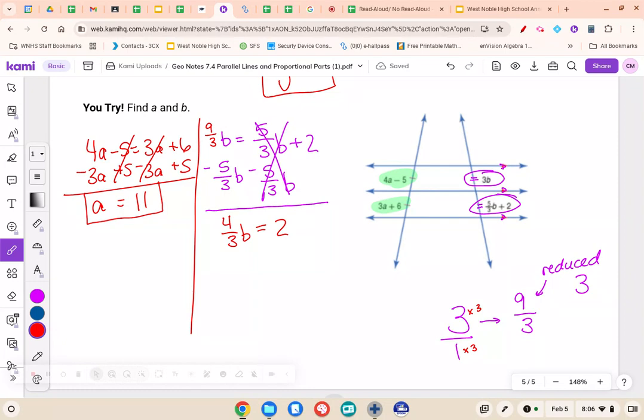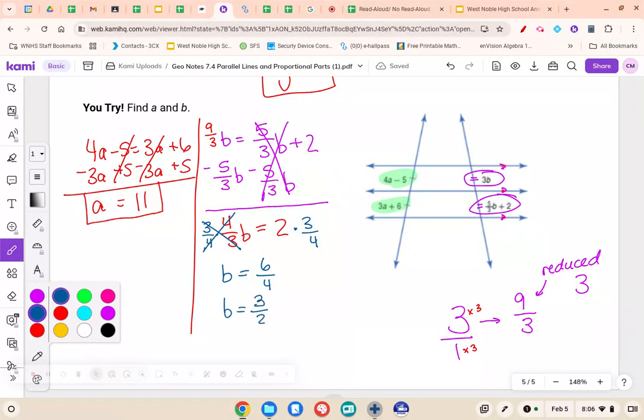Now that we have a fraction on the left side, to get rid of a fraction you can't divide, you have to multiply by the flipped version. So these cancel each other out, leaving b by itself. So we now have, when we multiply, 6 over 4. And then when we reduce, 3 over 2.